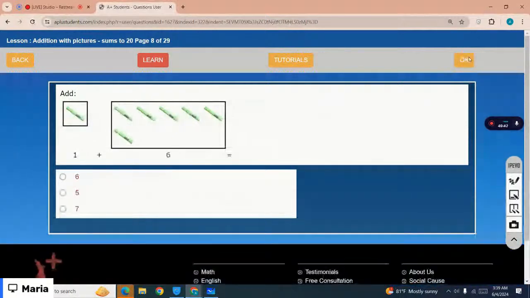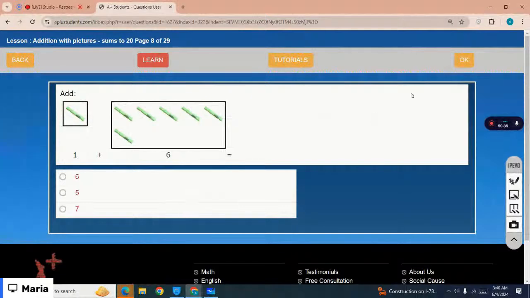The next one is 1 plus 6. Which is the correct option? The next one is 6 plus 1. Which is the correct option? Yes, 7.